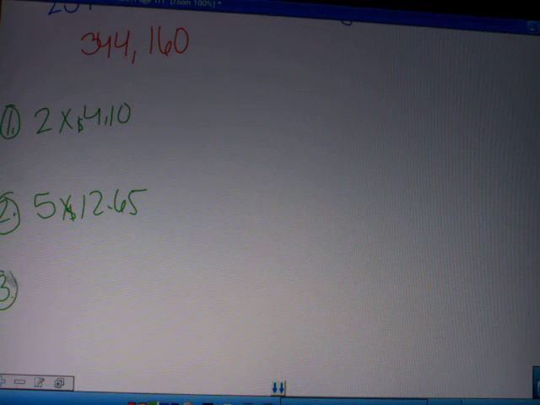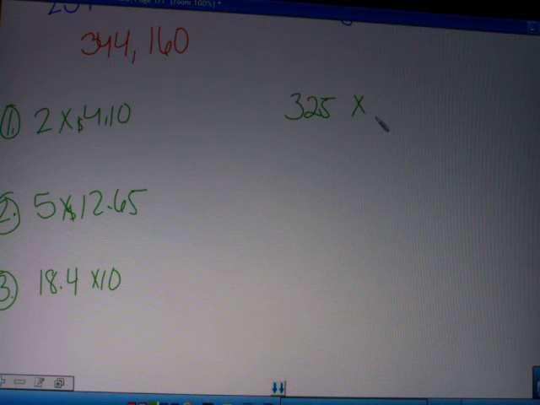Then you're going to solve 18 4/10 times 10. And let's do a greater number one, where we take 325 times 165. That'll be number 4.